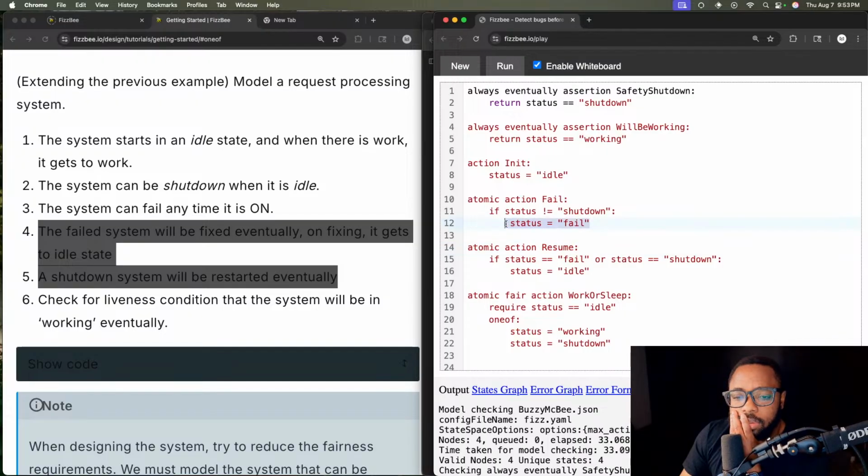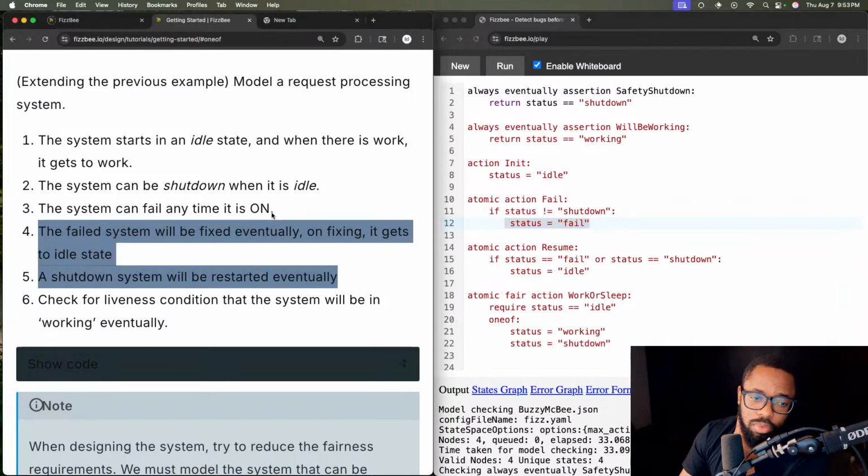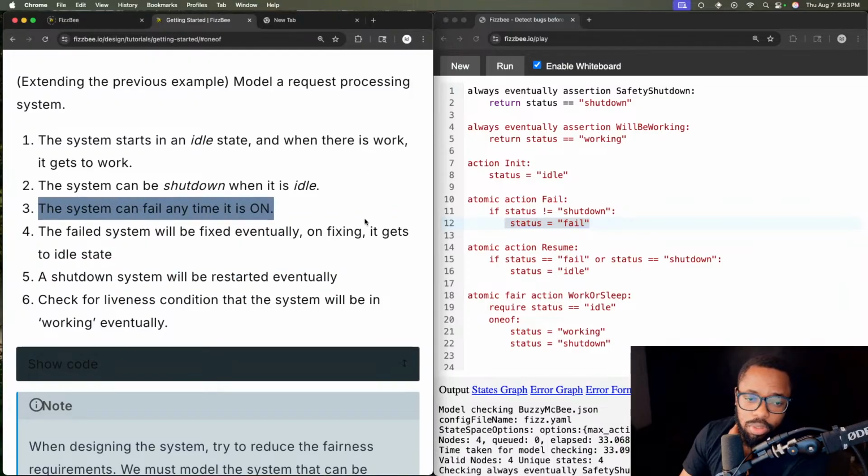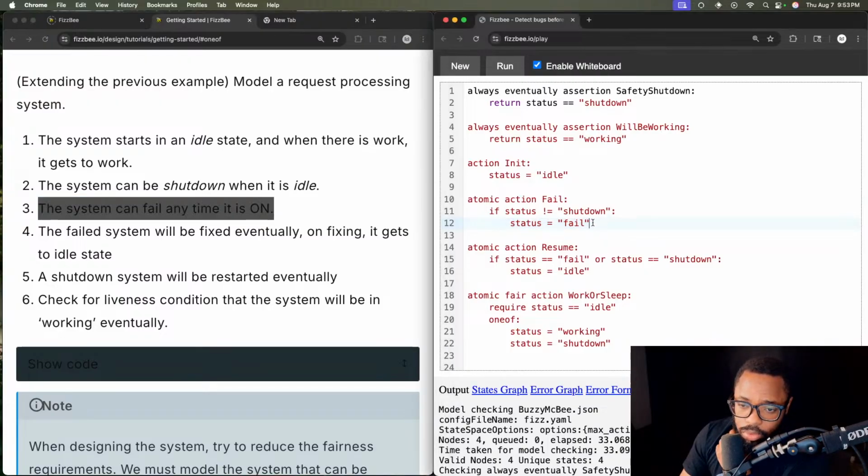You may then go to fail. The system can fail anytime it's on, which means when it's not shut down. Okay, so from fail, the failed system will be fixed eventually. The shutdown system will be restarted eventually.